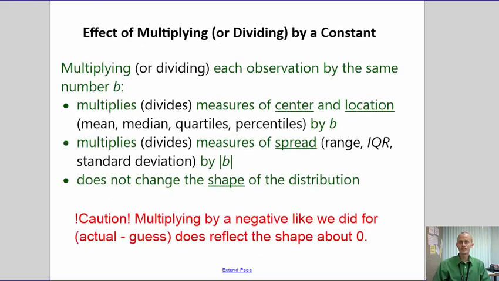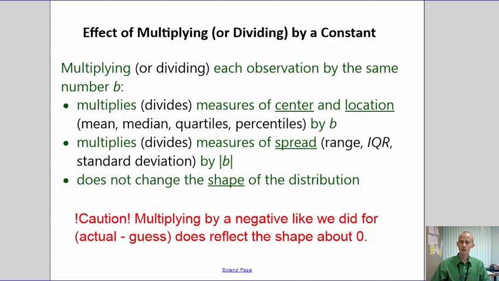Besides adding, we can also multiply or divide by a given constant. If we multiply by some number, in this case we'll call it b, then things change with our descriptive statistics. Our measures of center and location get multiplied by that value.